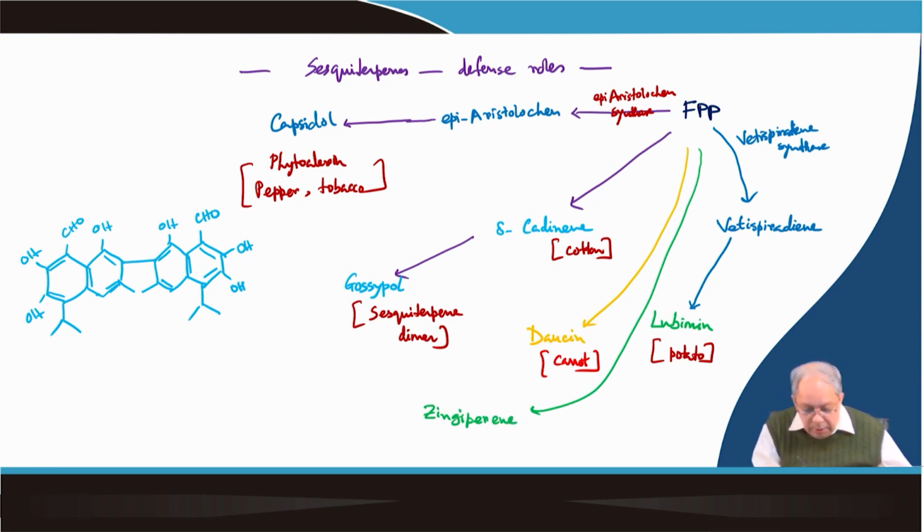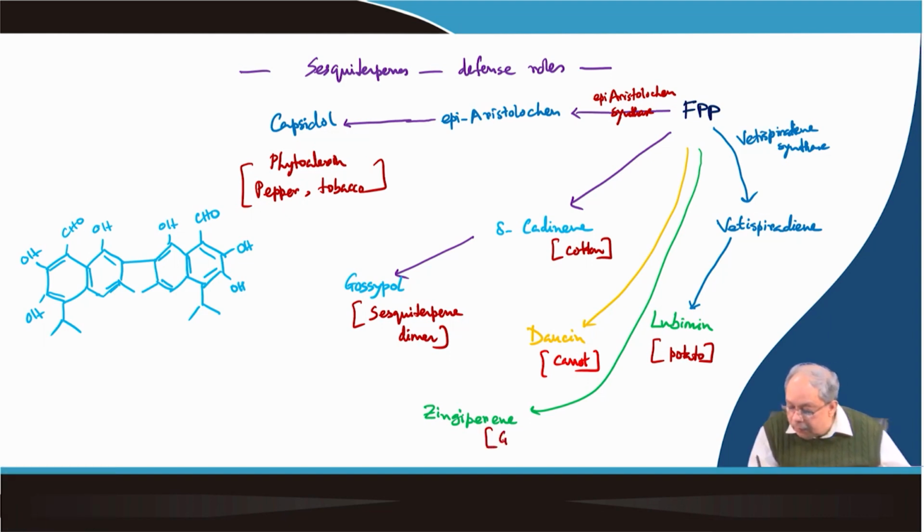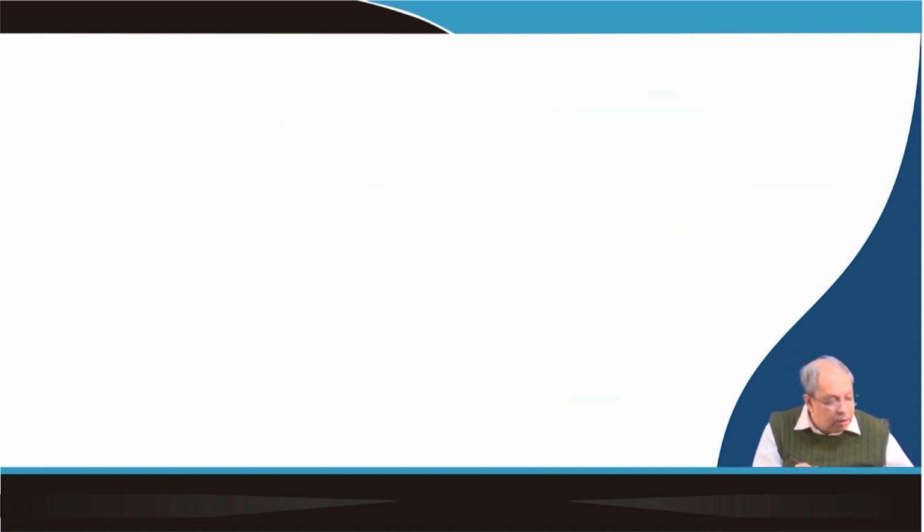So, this is found in ginger. Okay. So, with this information, now I will go very briefly to diterpenes.